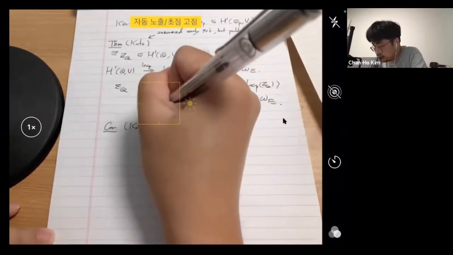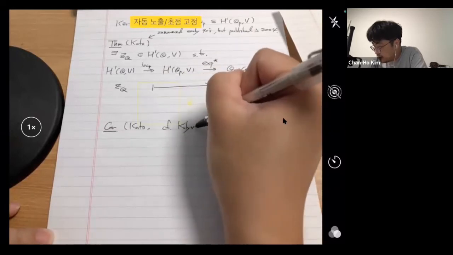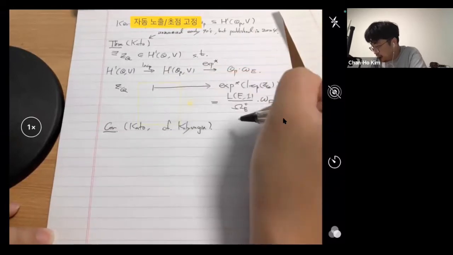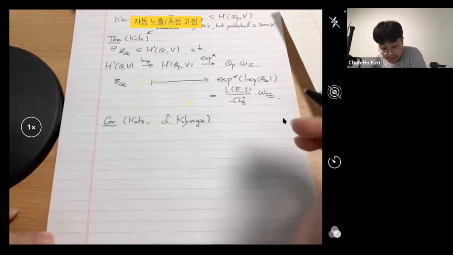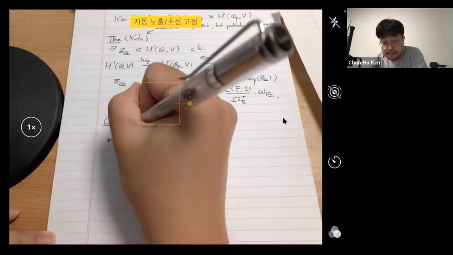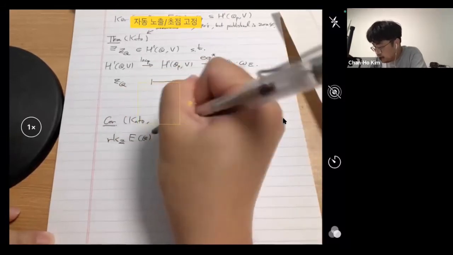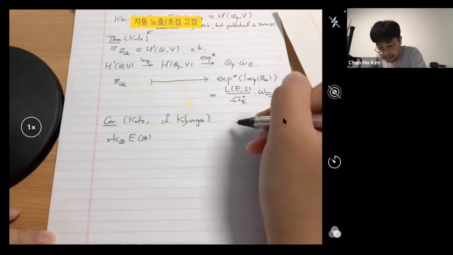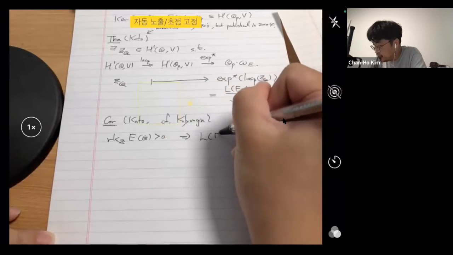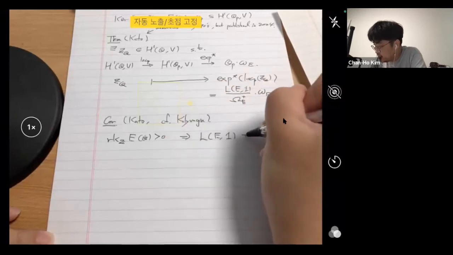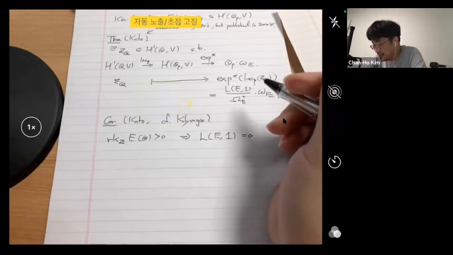Of course, Kolyvagin did the same theorem with Heegner points, as Francisco explained. So the first consequence is the following. If the rank is positive, then the L-value vanishes. If you consider the contrapositive, if the L-value is non-zero, then the rank is 0.